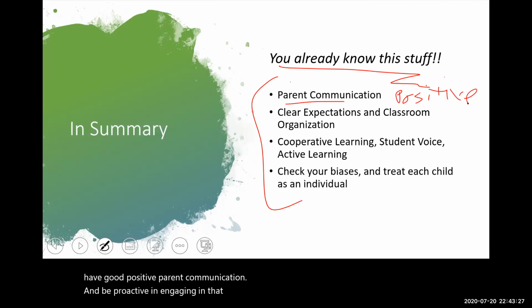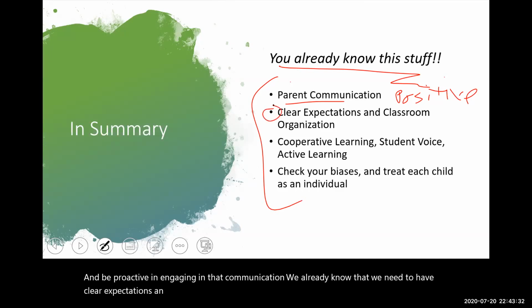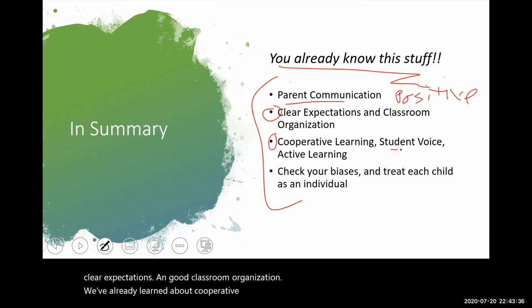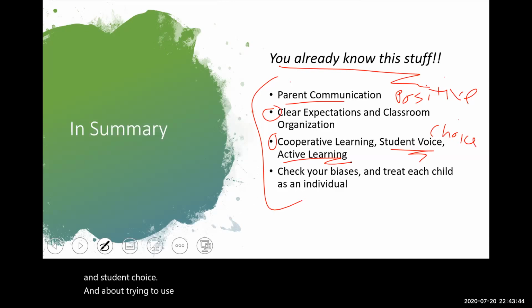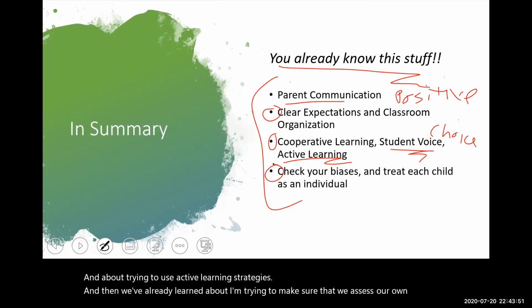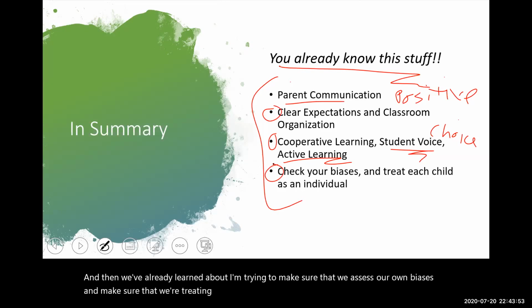We already know we need clear expectations and good classroom organization. We've already learned about cooperative learning strategies, incorporating student voice and choice, and using active learning strategies. And we've learned about assessing our own biases and treating children as individuals, not through our own lens of bias and misunderstanding.